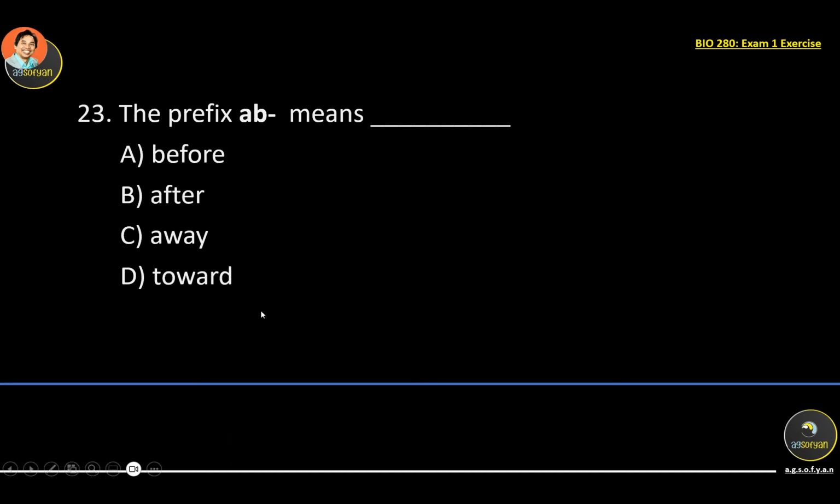The prefix ab is actually the opposite of ad. So if ad is toward, then ab will be away.